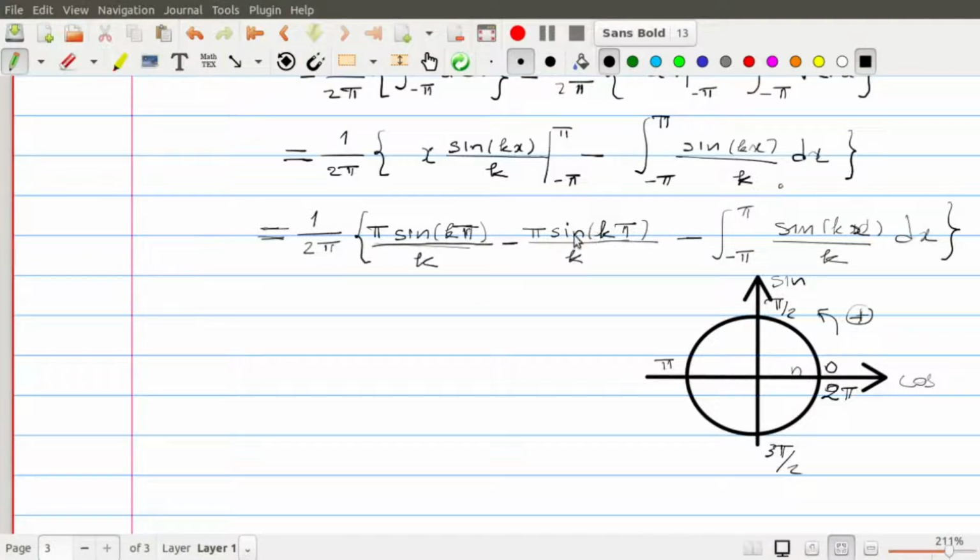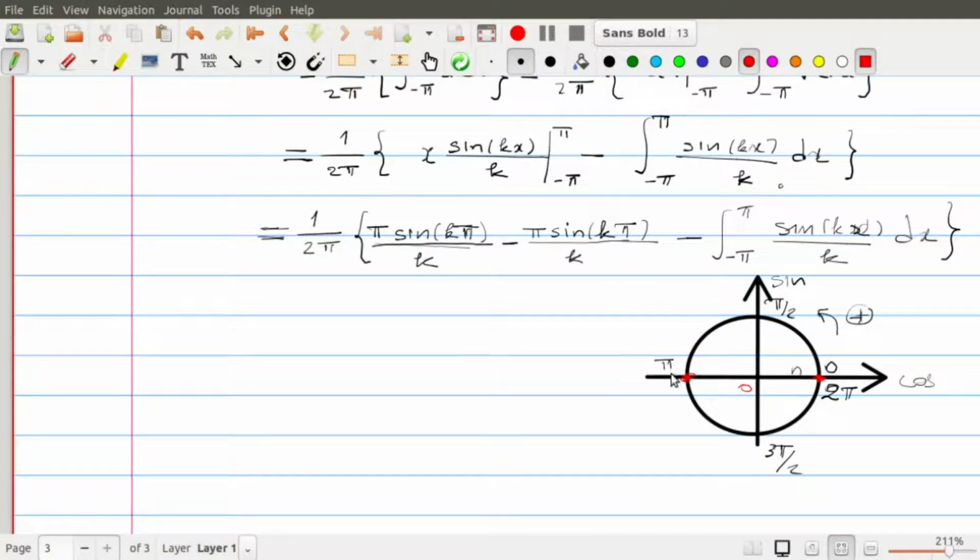Now if I'm computing sine of k pi, where k is an integer, when k is equal to 1, we have sine of pi. So we will be here at this point. And to read the sine, I project on the y-axis, and it will go to 0. Now, when k is 2, I will be here. Similarly, I'm on the x-axis, so if I project on the y-axis, the value will be 0.